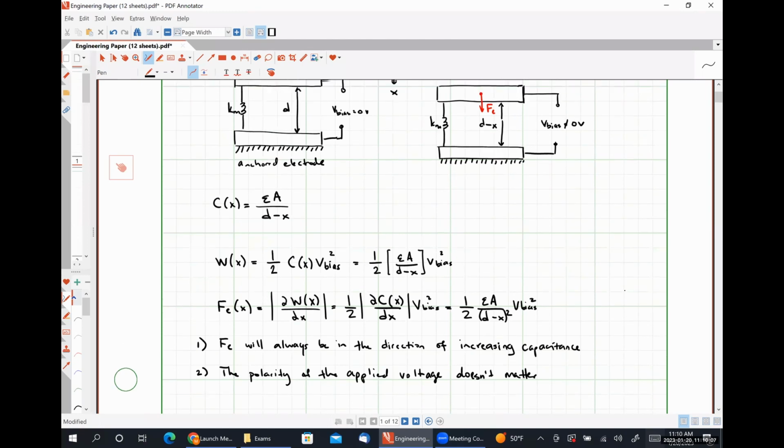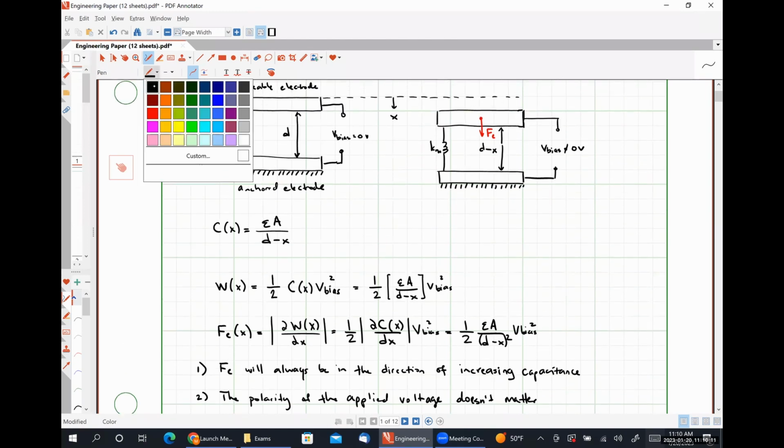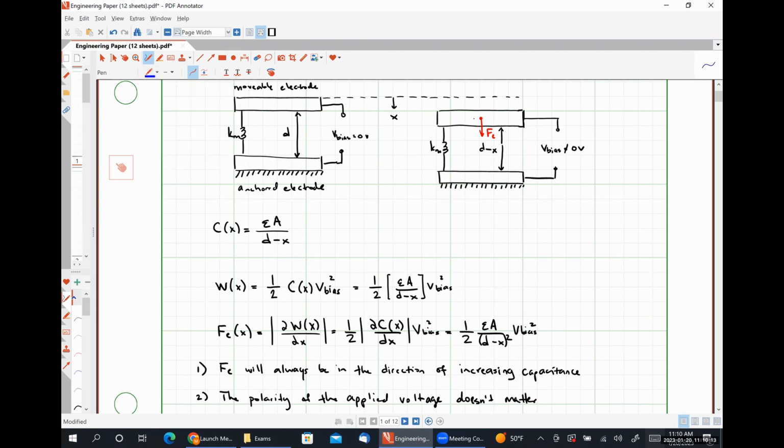So in our system here, our electrostatic force is countered by a restorative spring force, Fm. So effectively, if we compress that suspension by applying a voltage, the suspension or the spring is going to want to expand back to its rest state, okay?